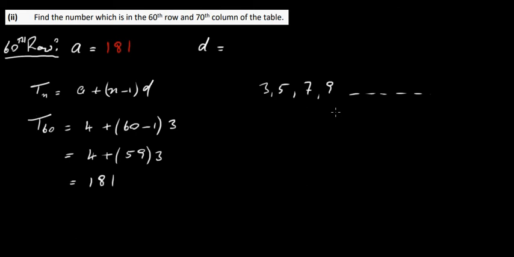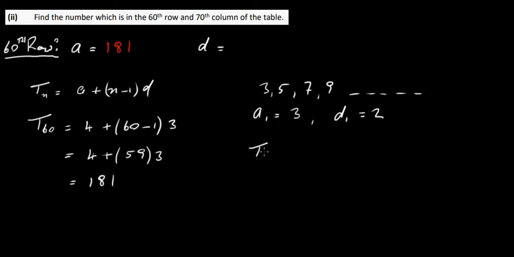But if I want to work out the difference, what would my difference be in the 60th row? So if I take a look at this, I'll call this A1, if you like, just to give it a different A from these A's over here, is 3. And my difference, I'll call it D1 here, is 2. So this would be the common difference in my D's, if you like.